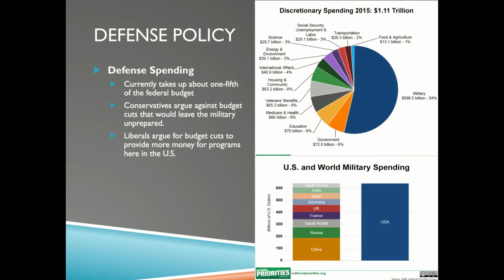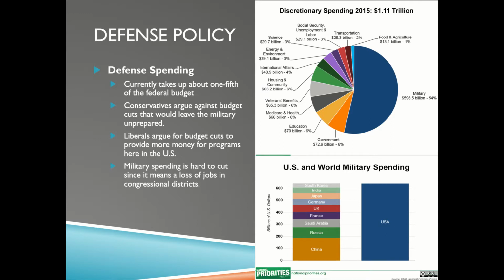So our defense policy, defense spending currently takes up about 1/5 of the entire federal budget. Conservatives, Republicans, argue against budget cuts that would leave the military, quote unquote, unprepared. Liberals or Democrats argue for budget cuts to provide more money for programs here in the United States. So a Democrat would argue that we should cut defense spending in order to spend more on things like Social Security, universal health care, basic income, things like that.